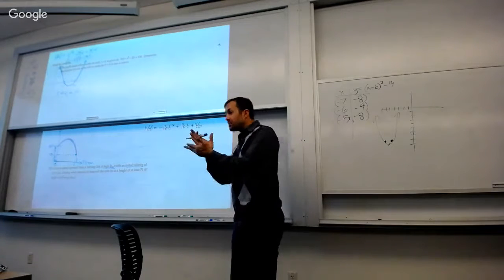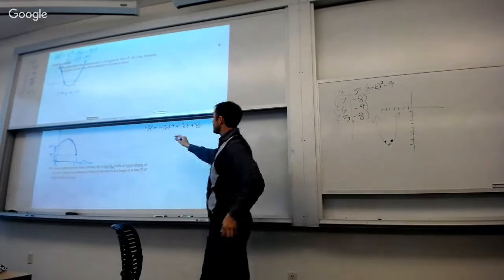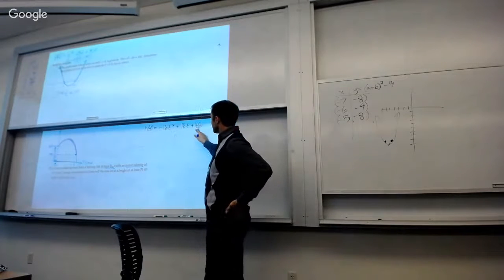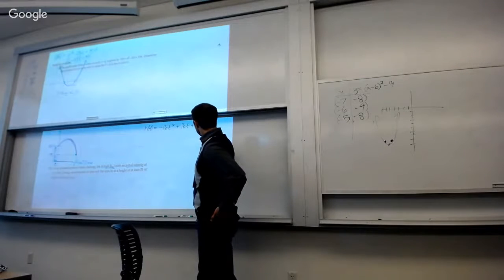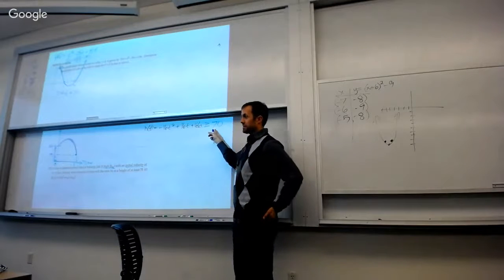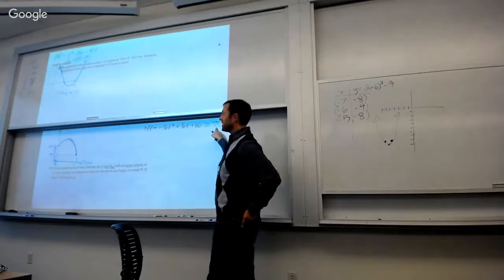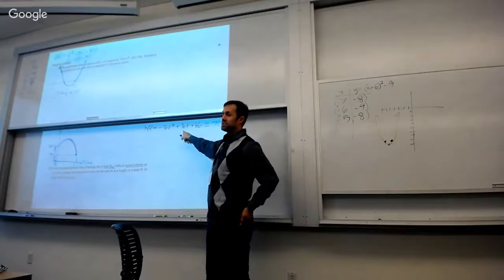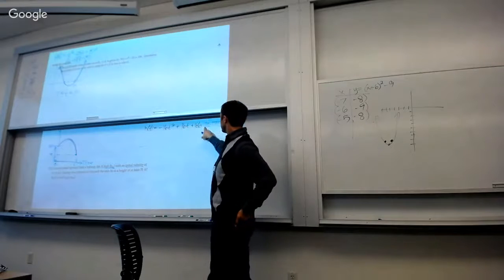Does it need to be equal to 70? Greater than it. Yeah, greater than or equal to 70. So how do I say that I want this thing to be greater than or equal to 70? I just put a little greater than or equal to 70 at the end. I know that might seem like a small thing, but that's the critical skill that we're looking at here, is how do you take an equation and ask a question? We just asked this equation a question. We said, hey, when are you, the height, greater than or equal to 70?